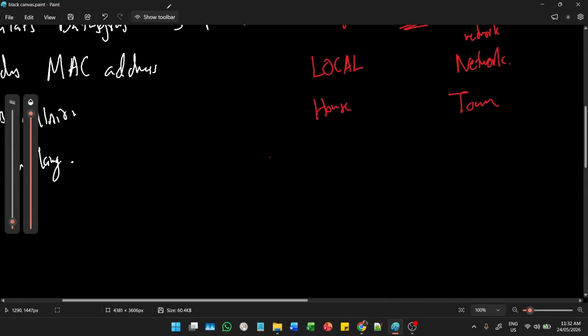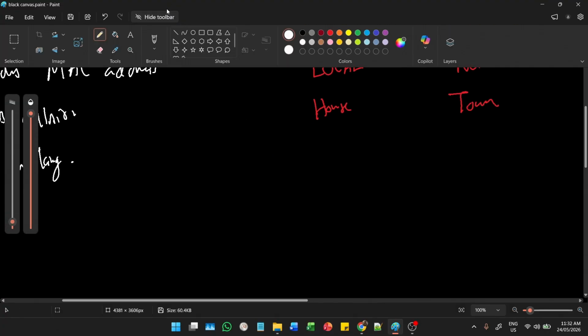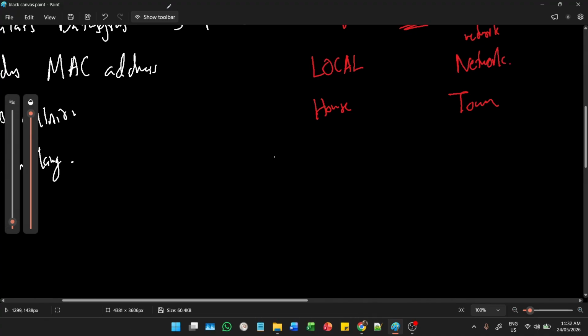Now I believe you remember that we learned that from one end host to another end host, it goes through all 5 layers, from the application layer all the way to the physical layer.